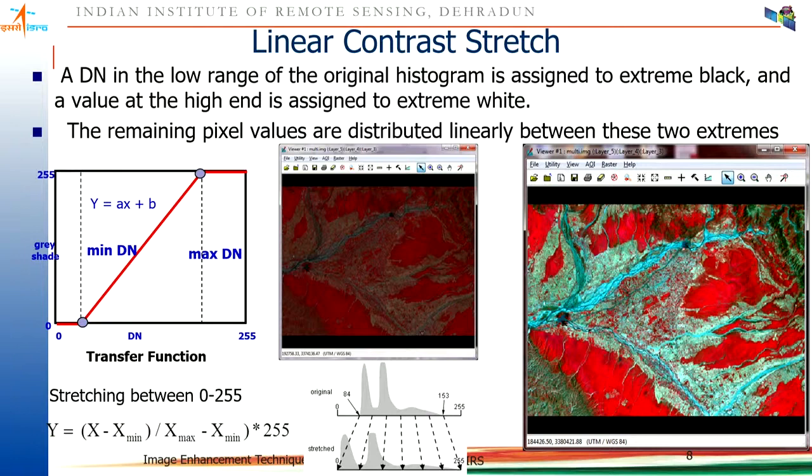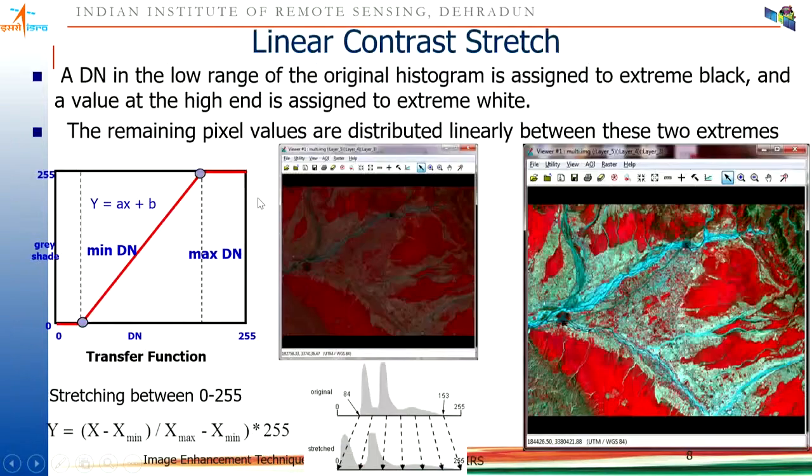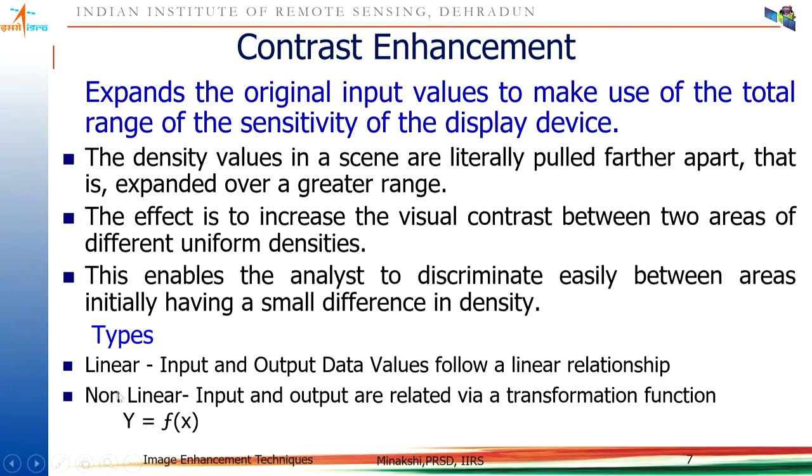This is linear contrast enhancement, following the equation of a line. Now the second category of enhancement is non-linear stretch, where I use the formula y equals f(x), where this transformation function is non-linear.